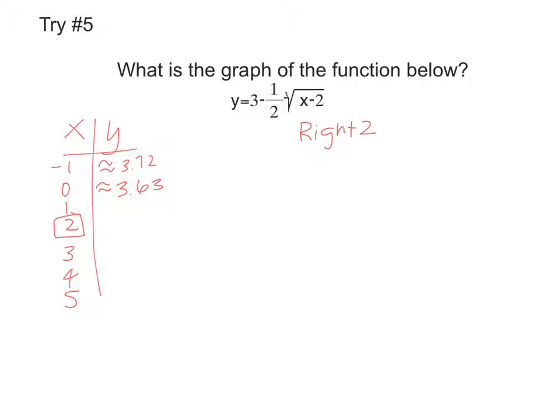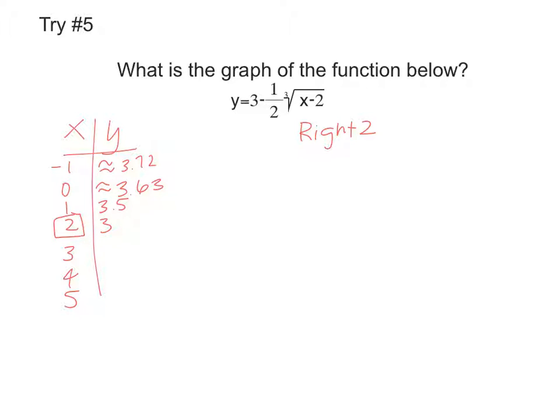And that one's going to be 3.5 exactly. If I put in 2, that's 3 minus 0.5 cube root of 2 minus 2, which is 0. And again, that one is exact, and it's going to give you 3.